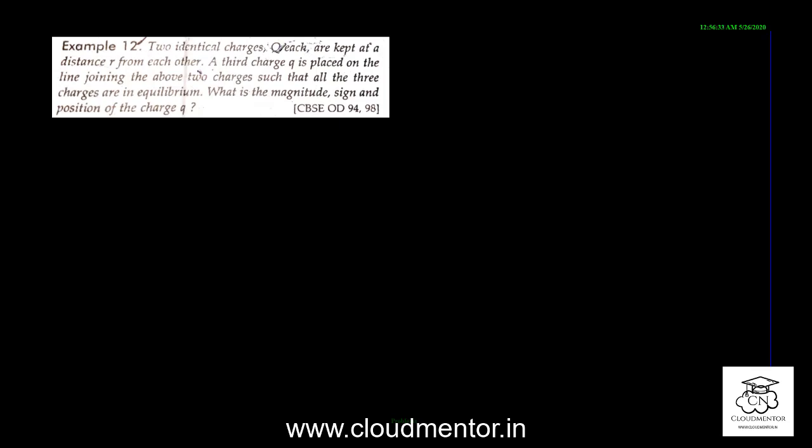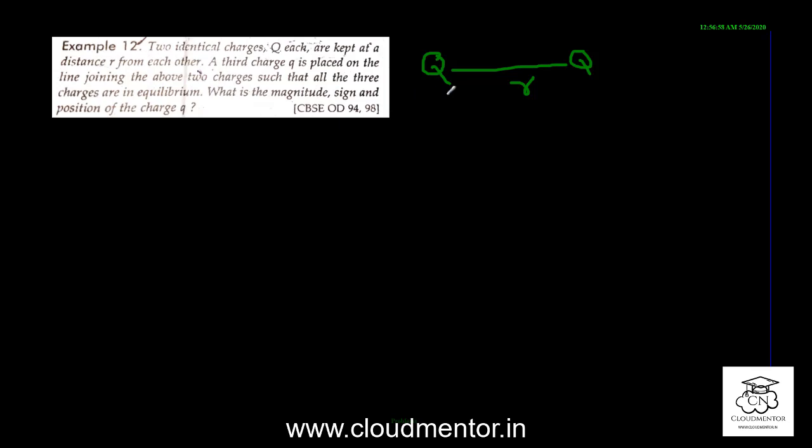Two identical charges Q and Q are kept at a distance of r, and a third charge q is placed on the line joining the above two charges, such that all three charges are in equilibrium.